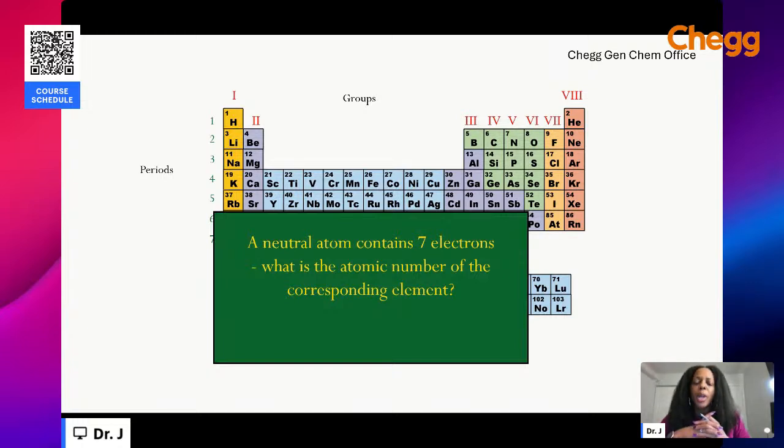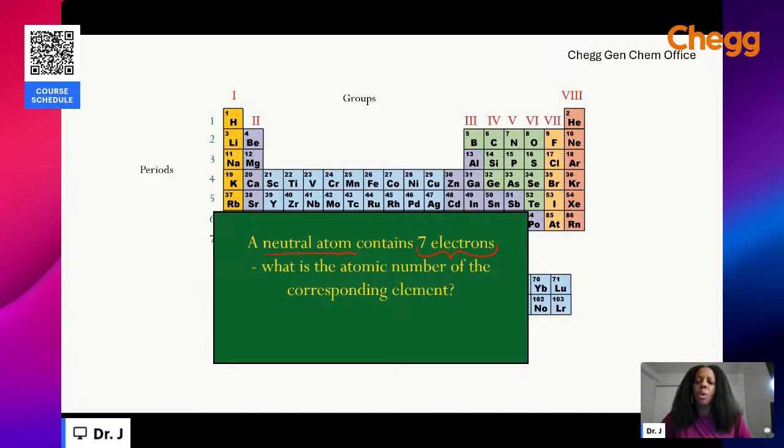All right, so let's try another one. Here we have a neutral atom that contains 7 electrons. What is the atomic number of the corresponding element? Take a moment, we got a lot of information here. It tells us that we have a neutral atom, so that's important, and it also tells us that we have 7 electrons.